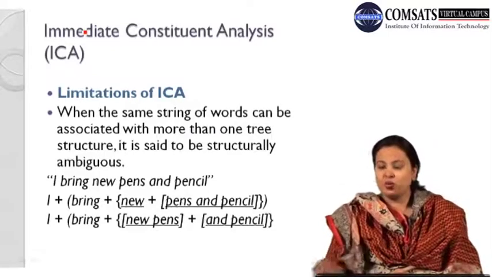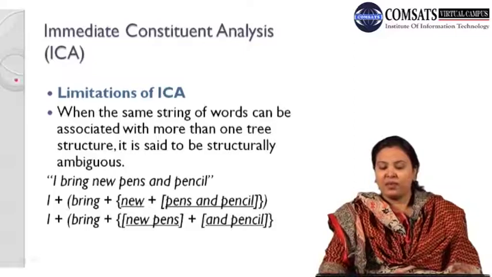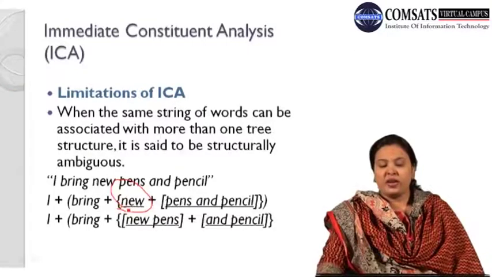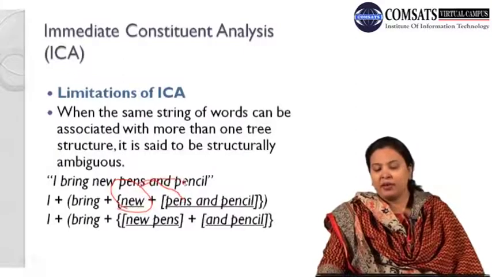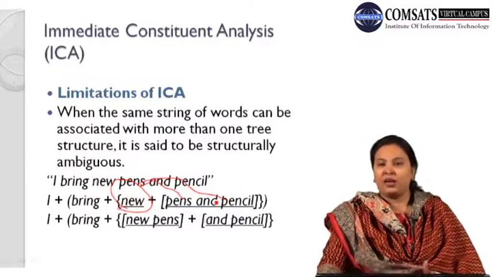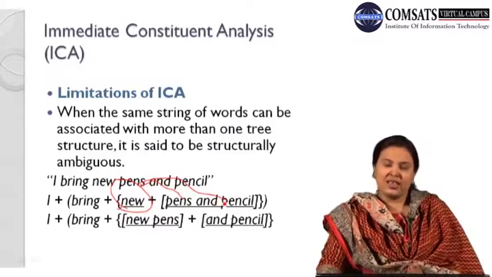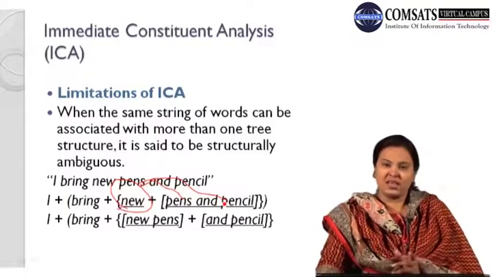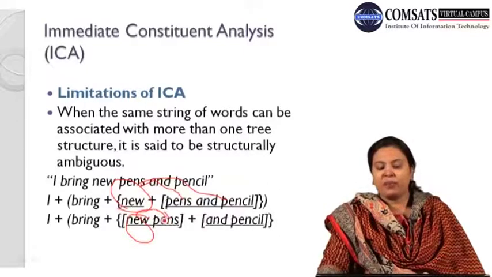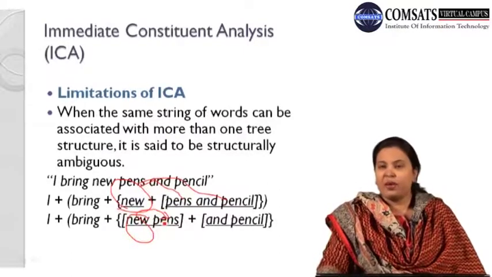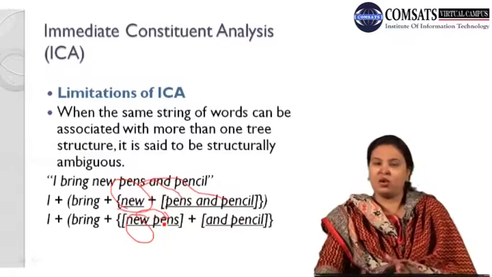Whether this word new is for both pens and pencils, I bring new pencils and new pens, both things are new, or this word new only goes with pens. I bring new pens and pencils, and the pencils are not new.